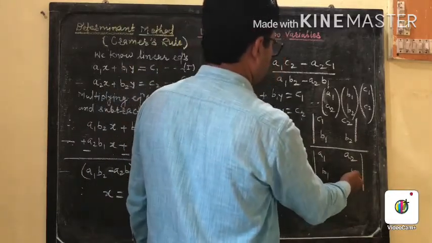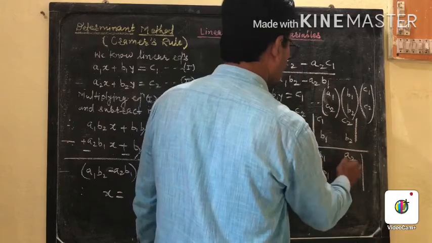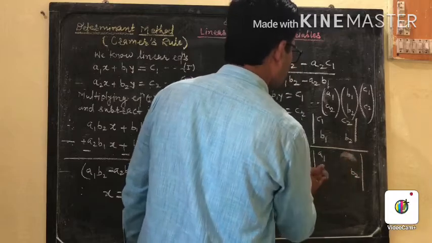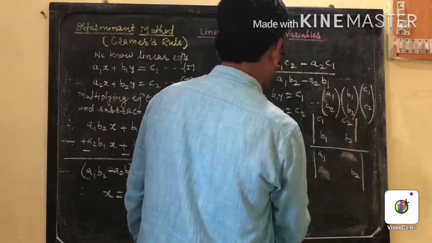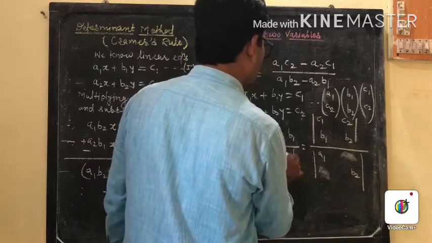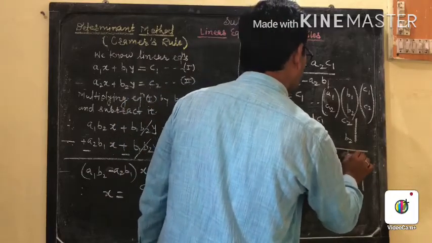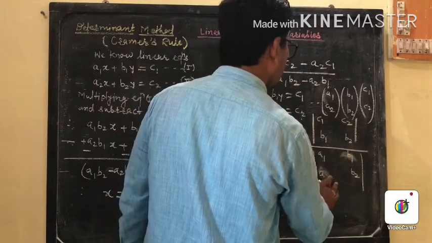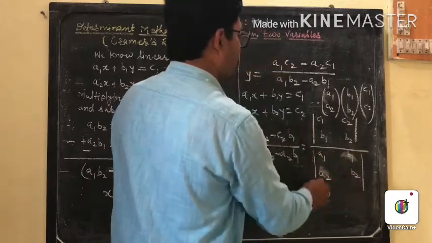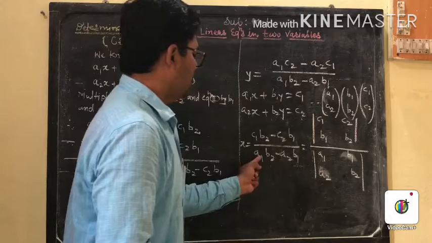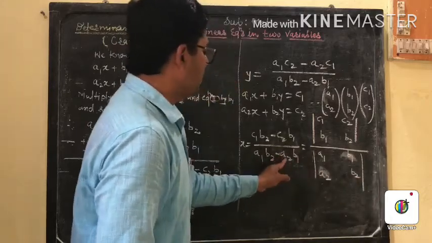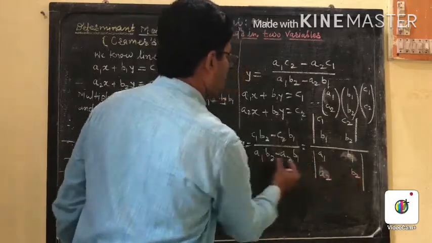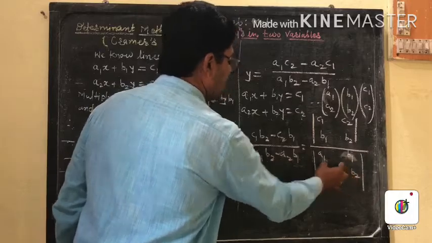We can write this column wise as a1 b2 and a2 b1, with b1 into a2. Now there is no change: a1 b2 minus a2 b1 or b1 a2 is one and the same thing. There is no change in the value of the determinant. This is the value of the determinant exactly.